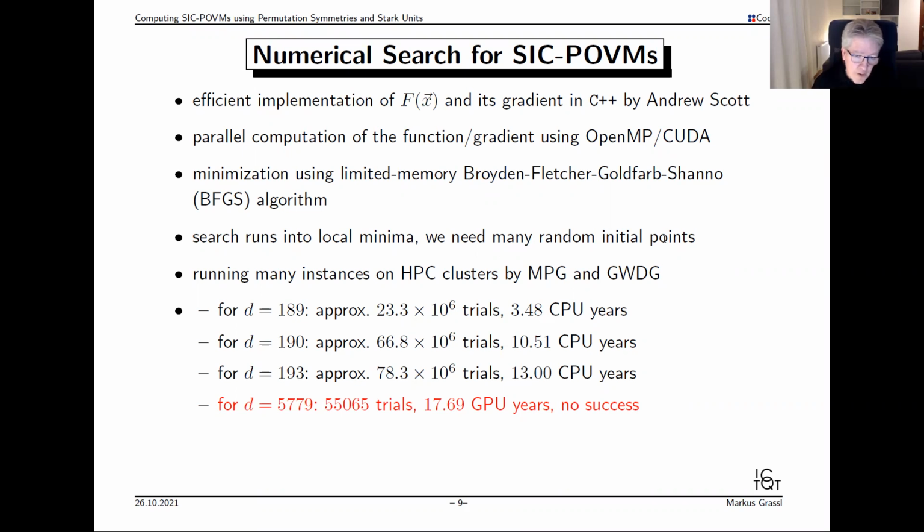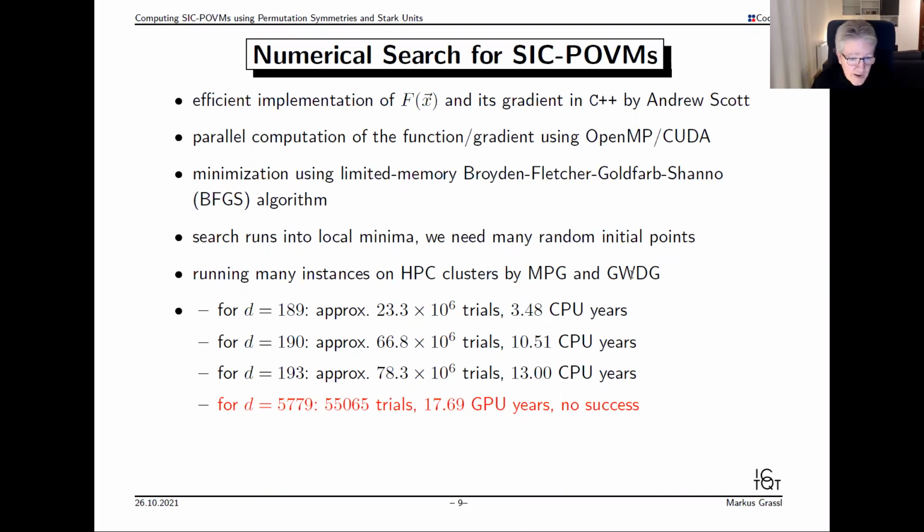It's also a problem to do some kind of sampling to see which are regions of attraction or whatever. So we just boldly pick a random initial point, run many, many instances in parallel on the clusters by the Max Planck Society and also another computer science provider to the Max Planck Society in Göttingen.